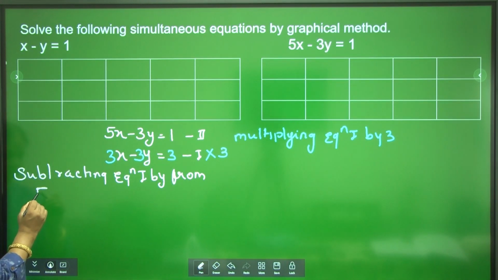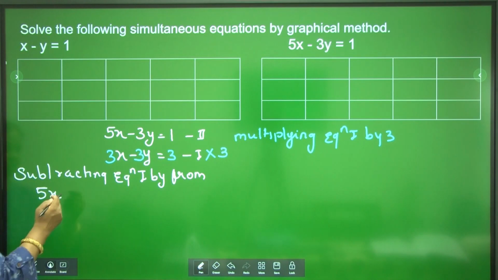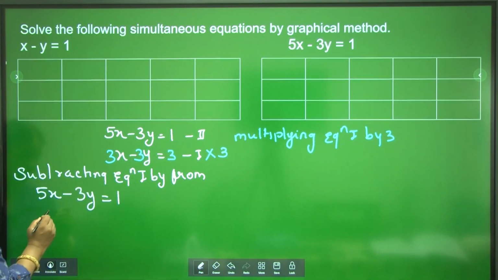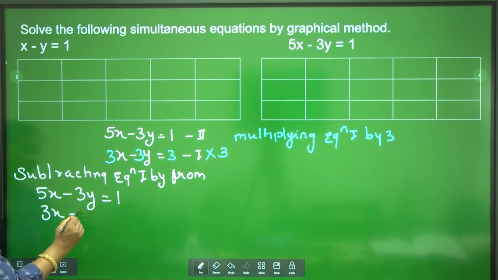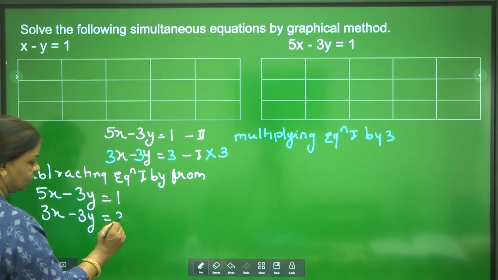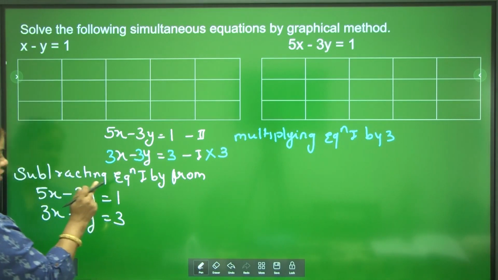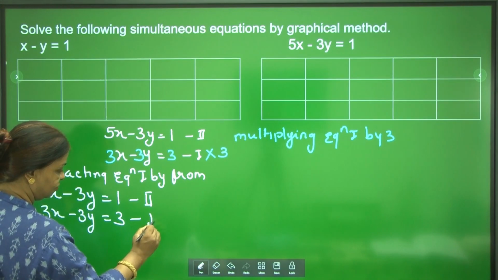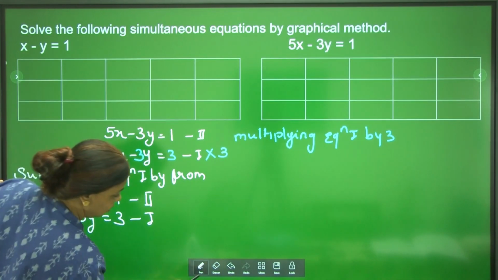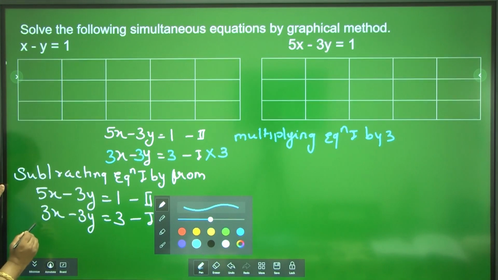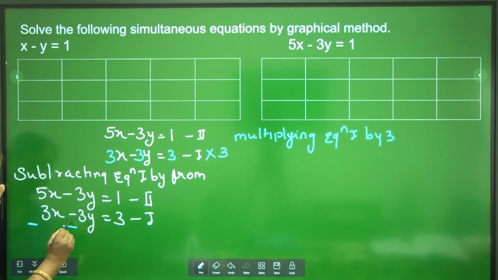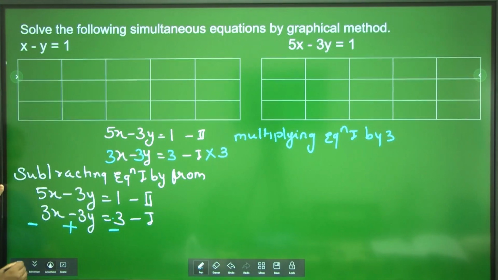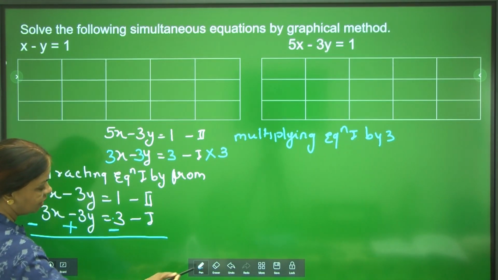Okay, so I am subtracting it. 5x minus 3y is equal to 1, and this second equation 3x minus 3y is equal to 3. I am subtracting 1 from 2. This is my second equation, this is my first equation. Subtracting means my sign will change. This is minus, this one will be plus because here it is minus, here it is plus, so it will be minus here.